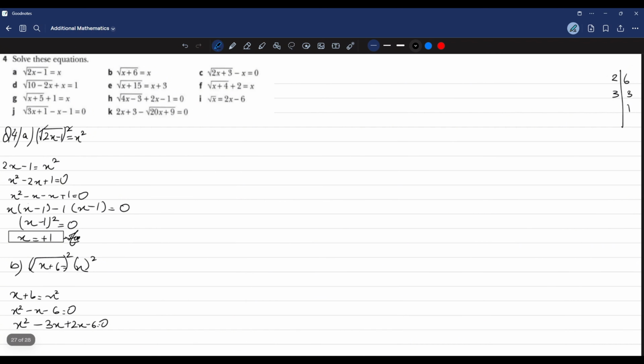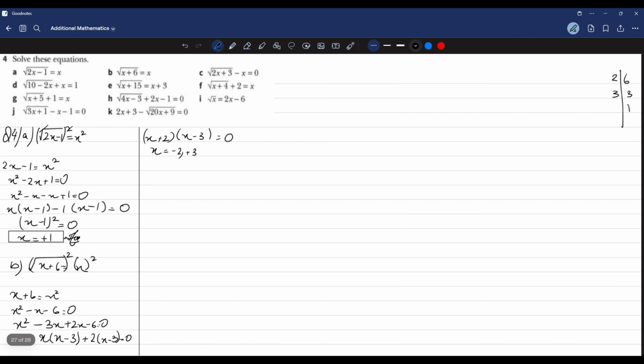We are going to factor this out. x as a common, x minus 3, plus 2 as a common, x minus 3 is equal to 0. We have got x plus 2 multiplied by x minus 3 is equal to 0, and x is equal to negative 2 or positive 3.